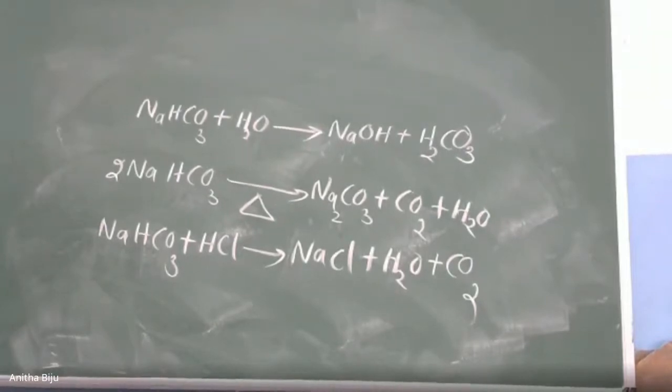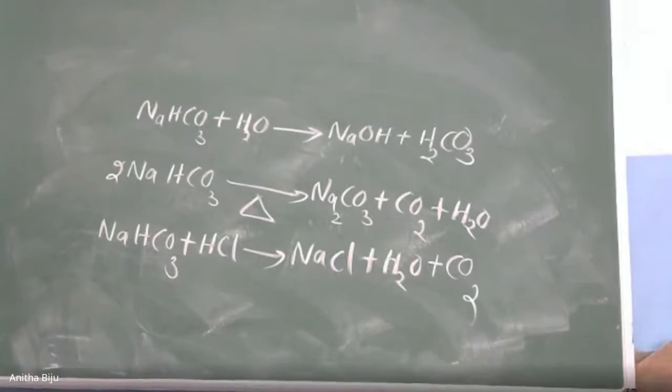It will reduce the acidity in the stomach, because acidity is due to the secretion of more hydrochloric acid inside the stomach. When we add baking soda inside the stomach, neutralization takes place. Got it? This is the first use we can remember.